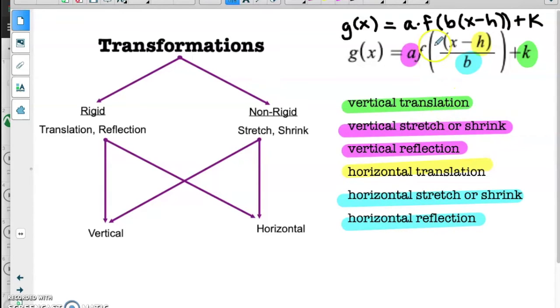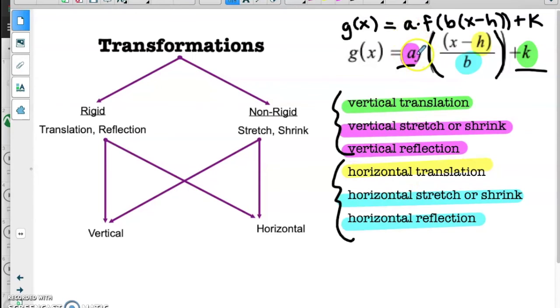Hopefully you see that any parameter change inside the function affects the transformation in a horizontal direction, whereas any change outside of the function affects it in a vertical direction.